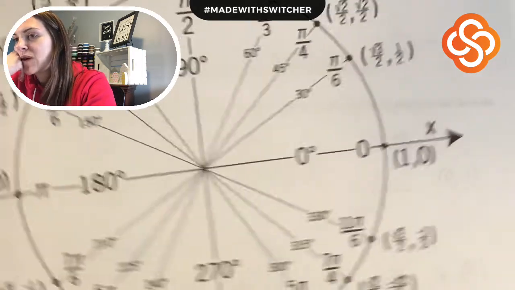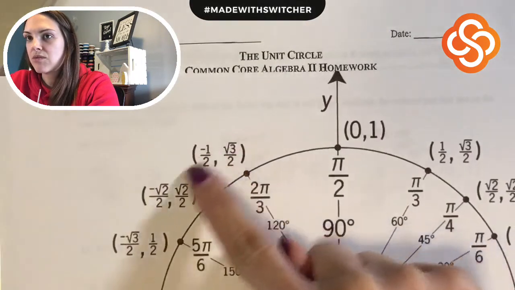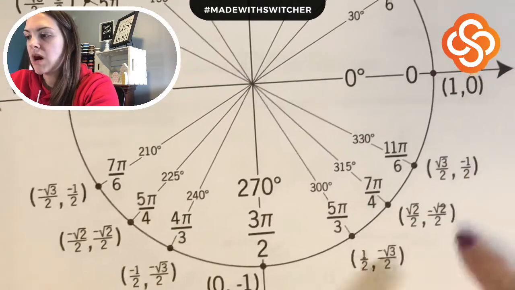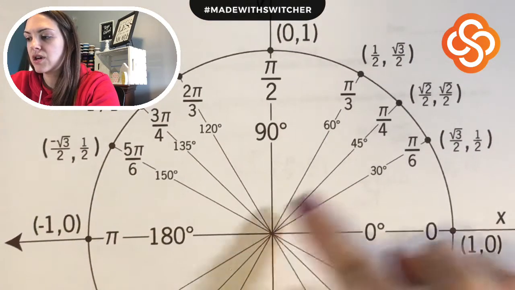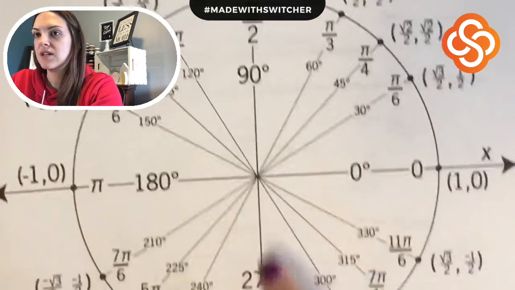All of the coordinates are the same throughout, but it depends on the quadrant what sign they have in front of them. This is positive, this is positive, this is negative, this is negative.